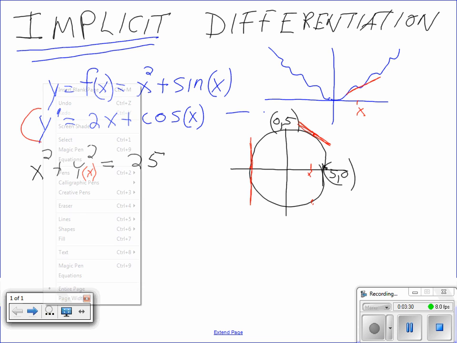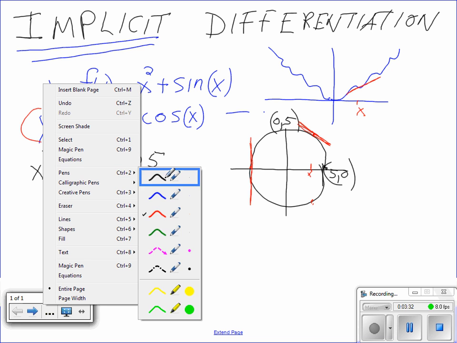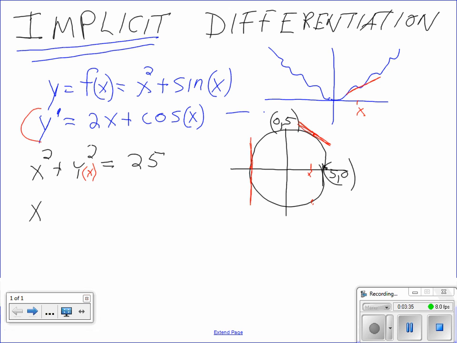And I might rewrite this as x squared plus y squared, and they don't write this in textbooks, but remember, y is a function of x. And now the question is, what's dy dx?